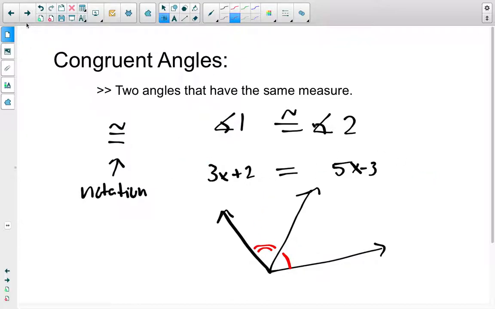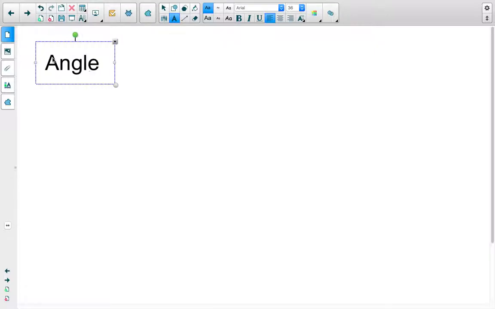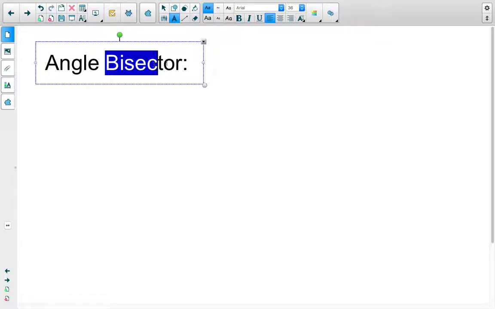All right, so on to the last thing, which we didn't talk about last class and is probably the newest thing for us today: an angle bisector. Our angle bisector is very important. We sort of mentioned this word bisector before. Bi means two and sector means part of.